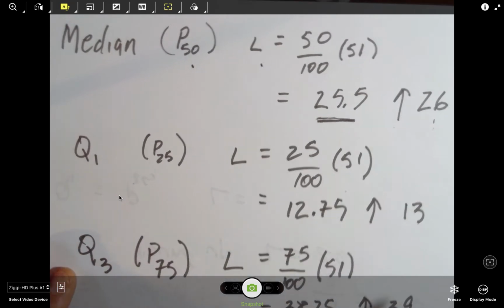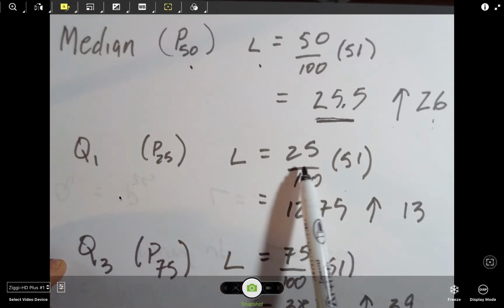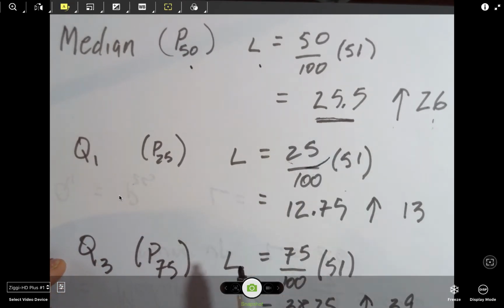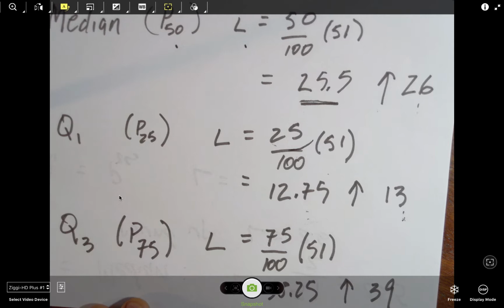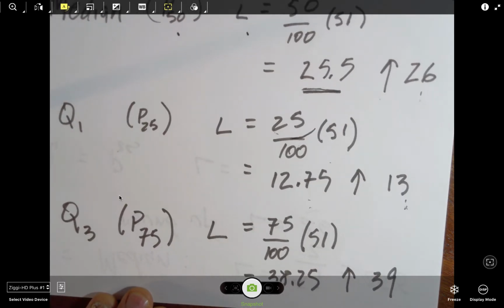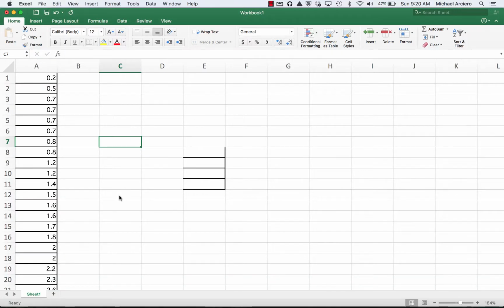Similarly, for the quartiles, we want the 25th percentile. We're going to get the 13th value. We round up when it's not a whole number. And again here for the third quartile, which is P75, we want the 39th value. Okay.